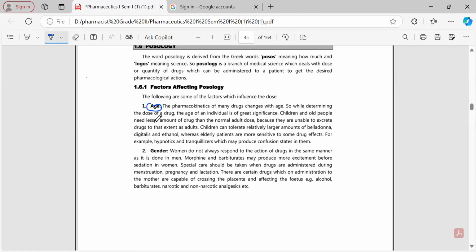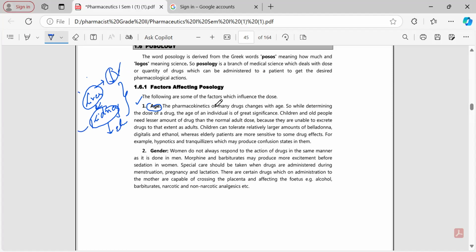The reason is underdevelopment of two organs, as we discussed in earlier classes: the liver and kidney are very important in drug metabolism and elimination. As liver enzymes are not well developed in pediatric patients, the dose of the drug is taken less. And second, as the kidney is not well developed in pediatrics, the elimination can be affected.